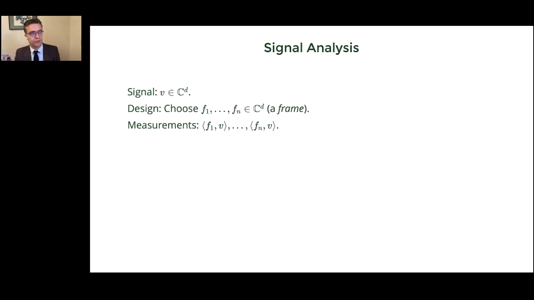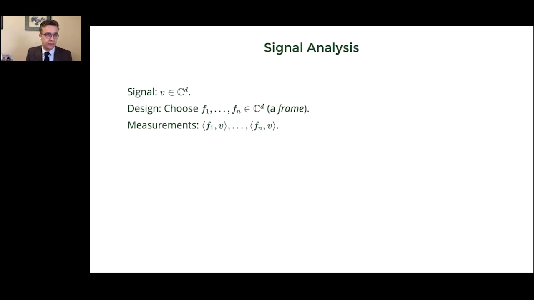One potential setup for this sort of business is you have some signal, which is a vector. Today, I'm going to be talking just about complex vectors, but you could also do this over the reals or over the quaternions, and different things apply in different settings, but we're interested in all of those cases. So there's some signal. Maybe this is an image, maybe it's some other sort of signal.